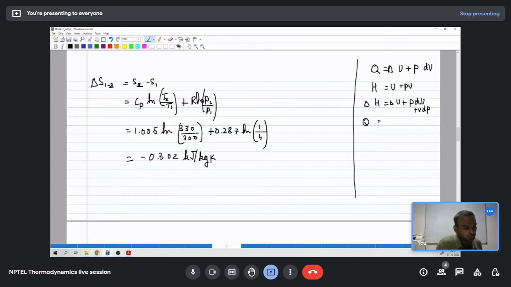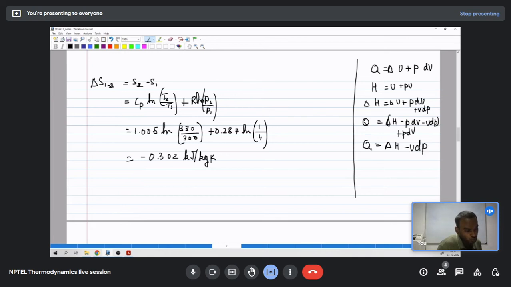Q is equal to, so calculating dU from here, we will have delta H minus P dV minus V dP. So this represents delta U, and then we had P dV. So that's how it becomes delta H minus V dP.